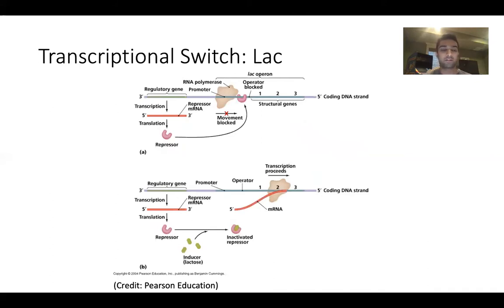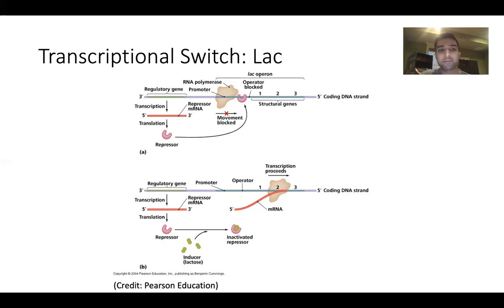So this is just an example of a system you can put in a plasmid to configure how much a gene is transcribed. So this is the lac operon. It has a repressor upstream of it, and you can see the promoter, and then 3 structural genes. These structural genes code for different enzymes.